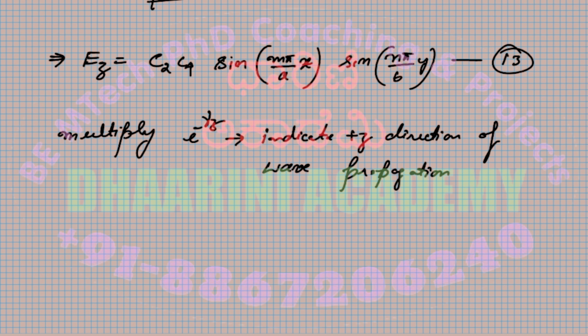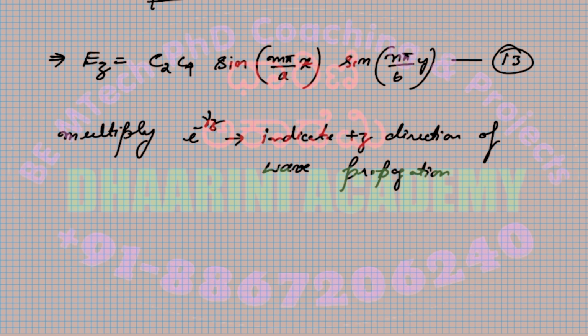We solved it, and then the first thing we added is the direction of wave propagation. There we assumed it was in the x direction, so we wrote e to the power minus gamma x. Here we wrote it as e to the minus gamma z. Absolutely fine. What is the next thing we added there? If you are able to recall that, you will be able to answer here. Same thing I'm going to add now.